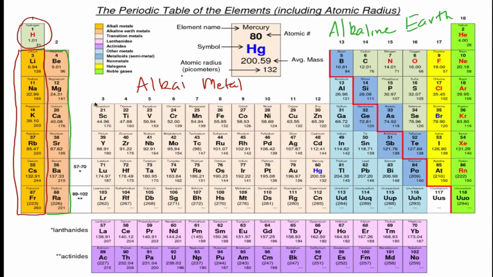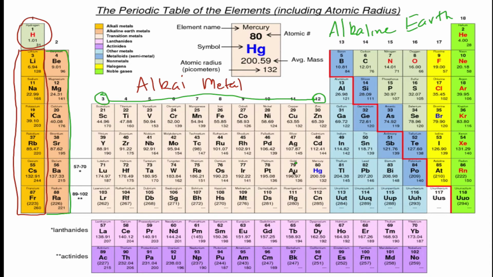The next family is the transition metals, and so we have 3 through 12 are our transition metals here. It gets the name transition metals because they're considered to be in transition between the main groups. So I told you guys before, the main groups are groups 1, 2, and 13 through 18.